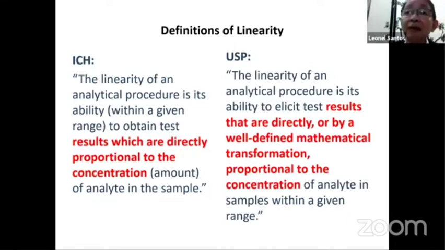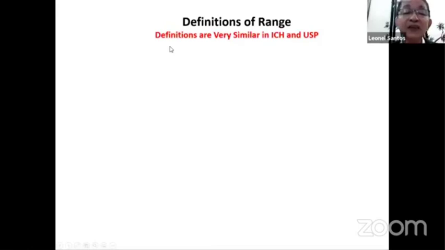There are semi-log linearity curves. So it's not necessarily only signal versus concentration. At times you need to do a semi-log. So that is the definition of linearity. Semi-log versus signal is applied, for example, if you're using ion selective electrodes.